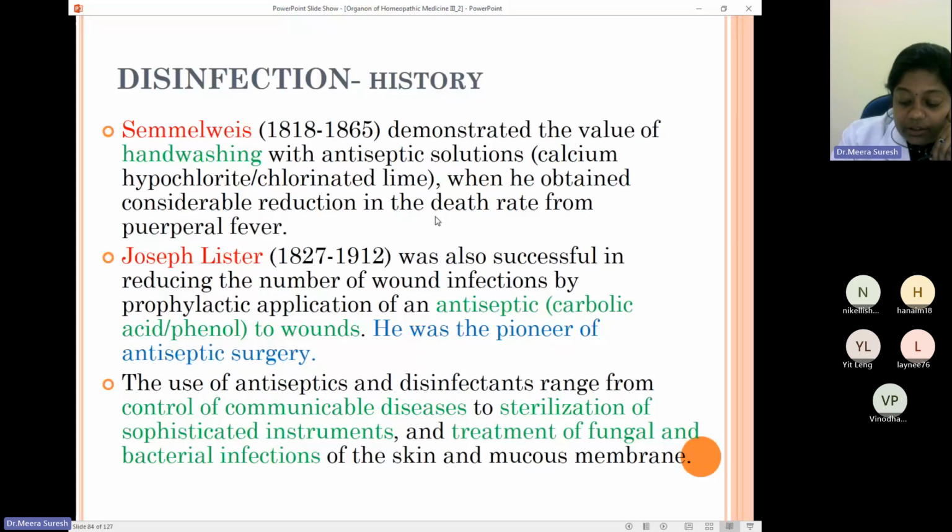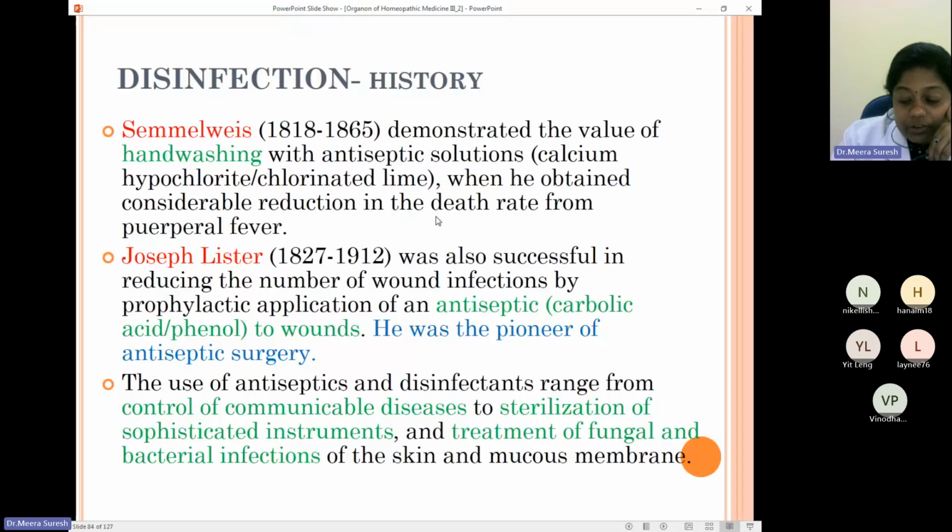And then he noticed that the only difference between clinic A and clinic B is actually the people who are working there, conducting the deliveries. When we see a high maternal mortality rate, we suppose that it will be conducted by less experienced or less sophisticated people, but that was not the situation.